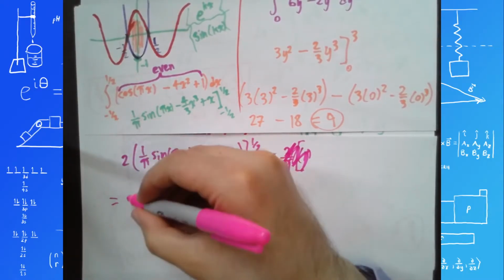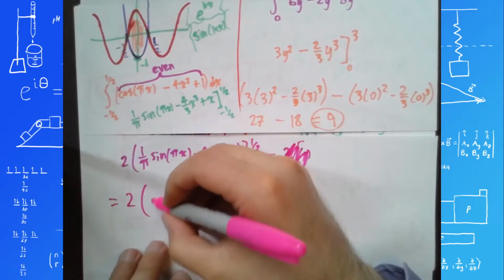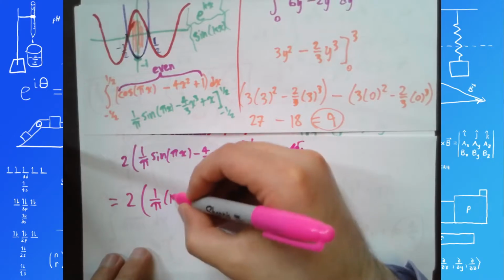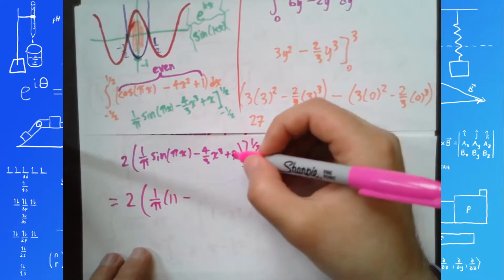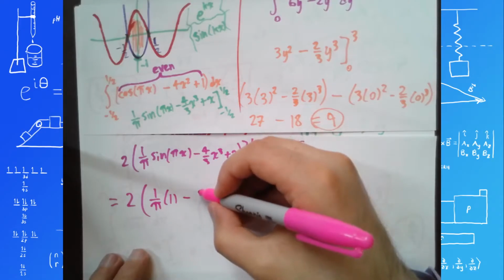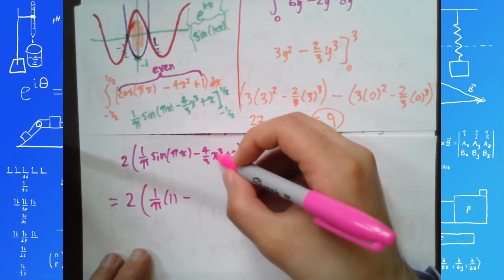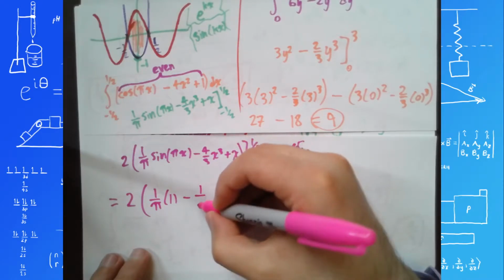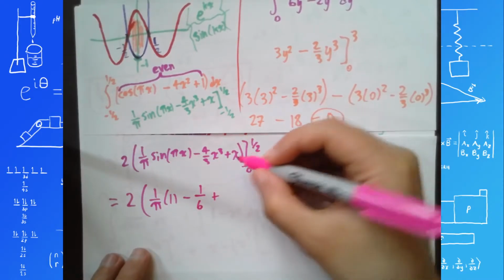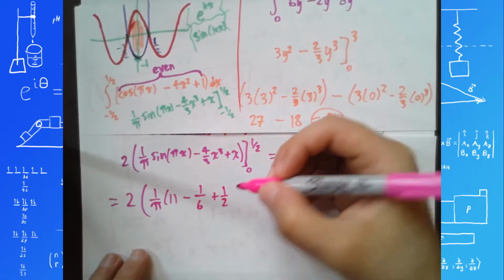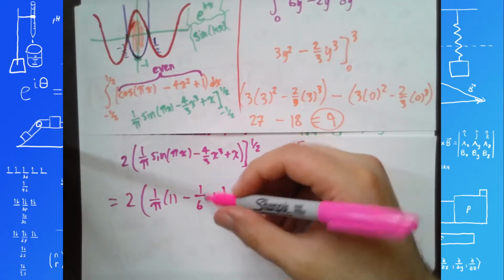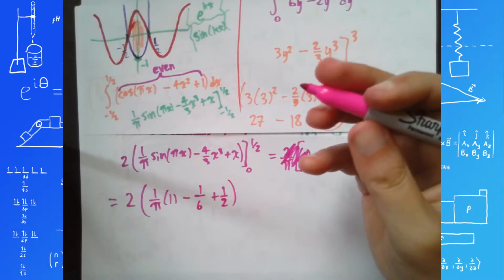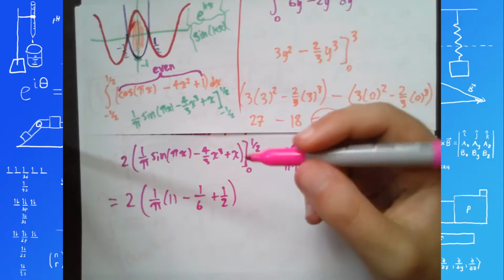Let's start again over here. 2 times 1 over pi times sine of pi times 1/2, as we said, was 1, minus 4/3 of 1/2 cubed. 1/2 cubed is an eighth. 4 over 8 reduces to 1 over 2, and then you've got the 3, so that's 1/6 plus 1/2, or 3/6 in other words. 1/6 plus 3/6 is going to reduce to 2/3.